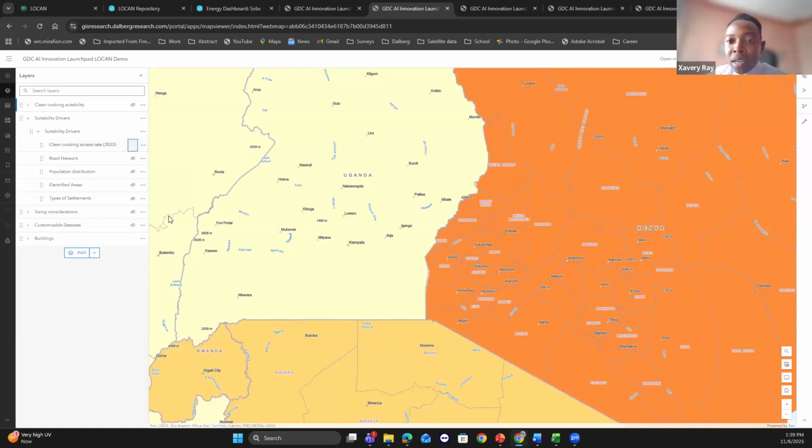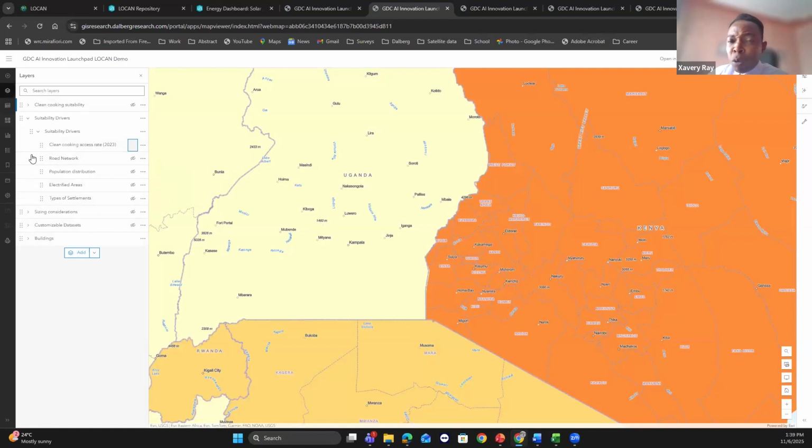Next, we want to build the clean cooking profiles. These profiles bring together key factors, and these factors include fuel type, how often they are used, whether the population lives in urban or rural areas, and how easy it is to reach them.